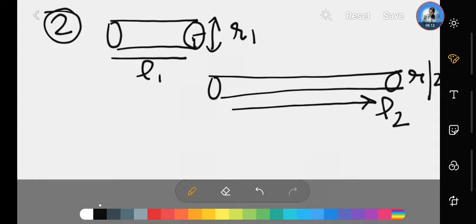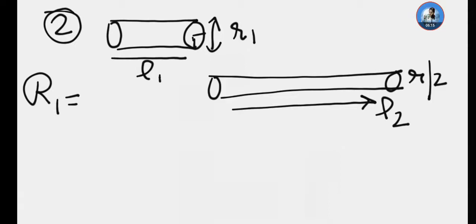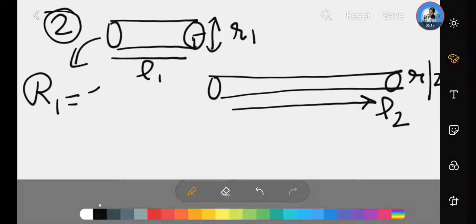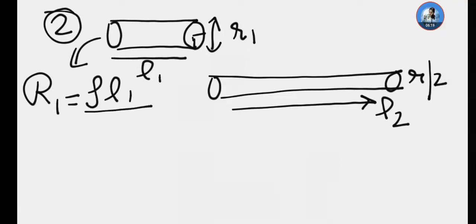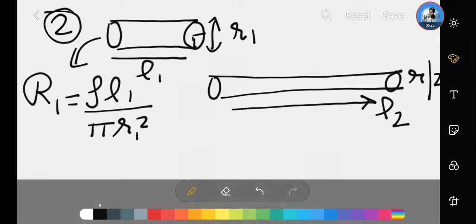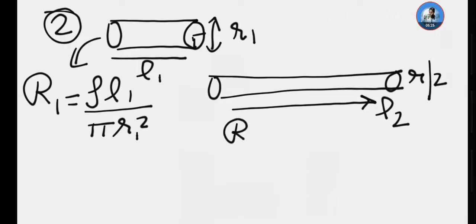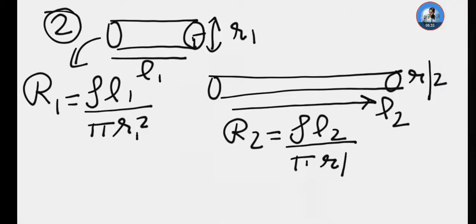We know R1, the resistance of that wire, is rho L1 upon A, where A is pi R1 square. And for the stretched wire, R2 equals rho L2 upon pi, with radius half, (R1 upon 2) square.